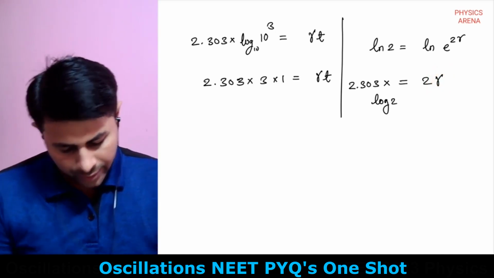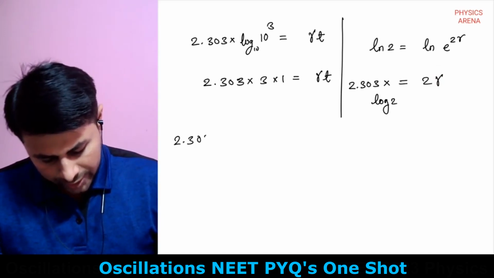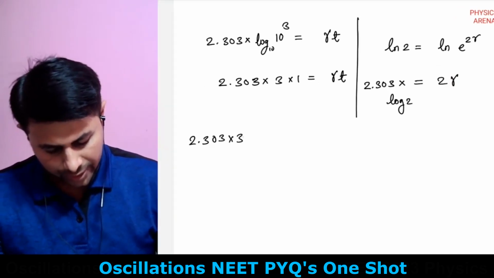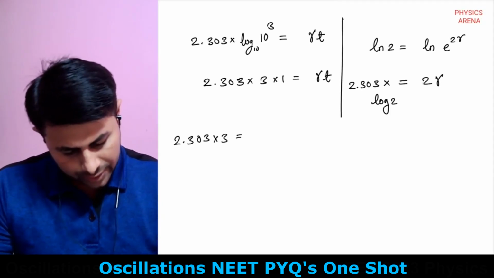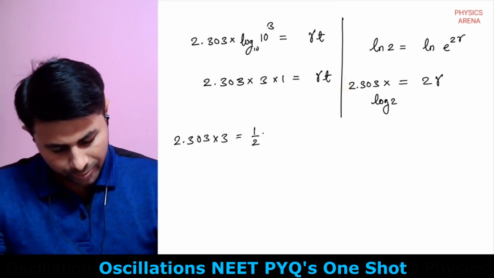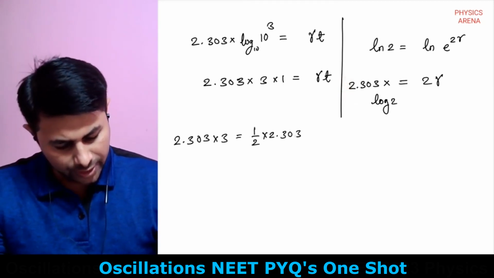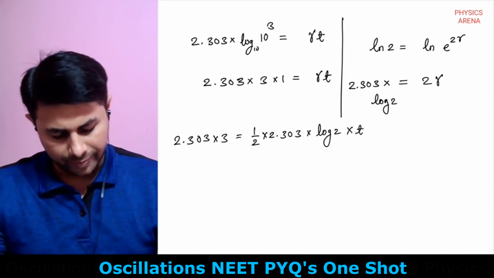Now substituting for gamma, we get 2.303 multiplied by 3 is equal to half of 2.303 multiplied by log 2, multiplied by t.